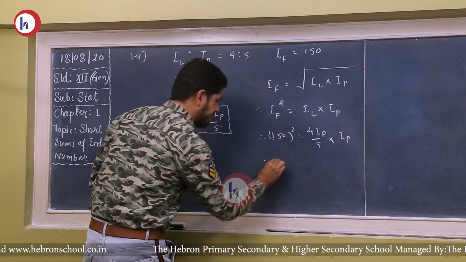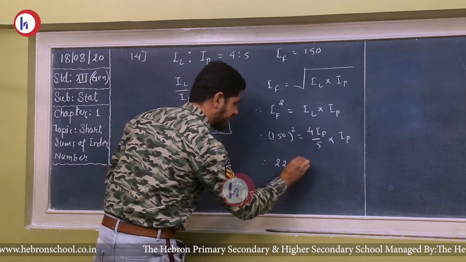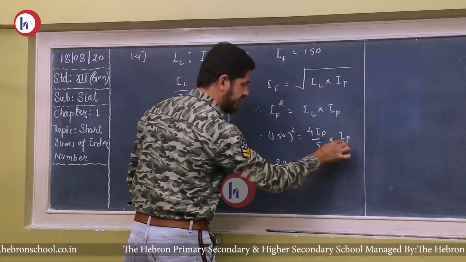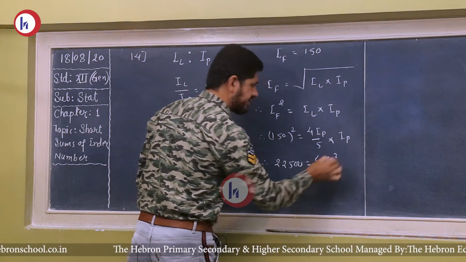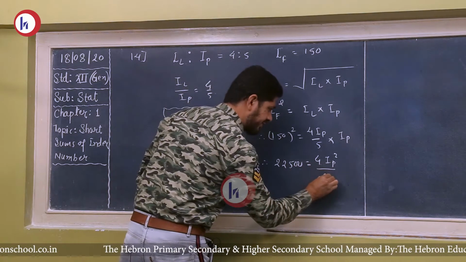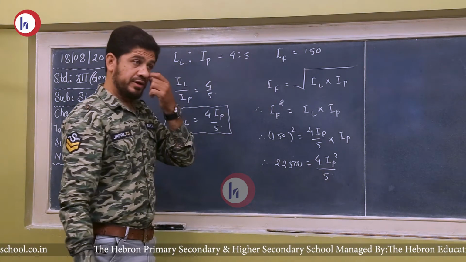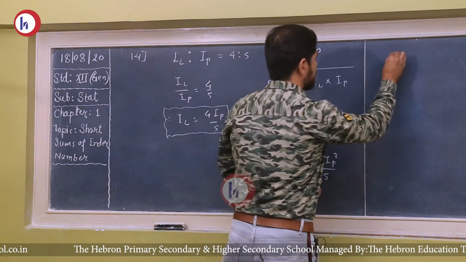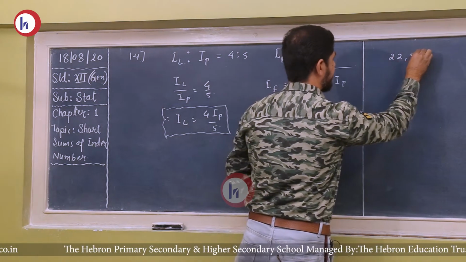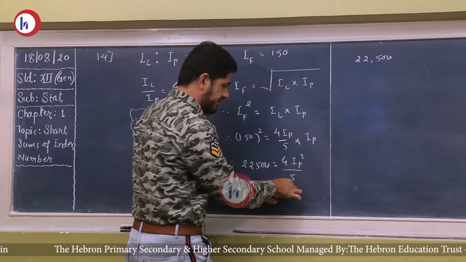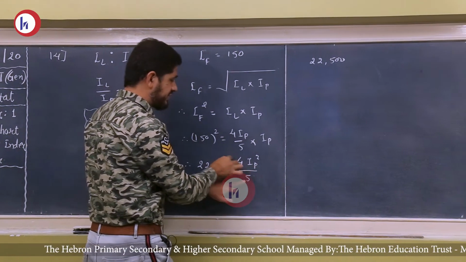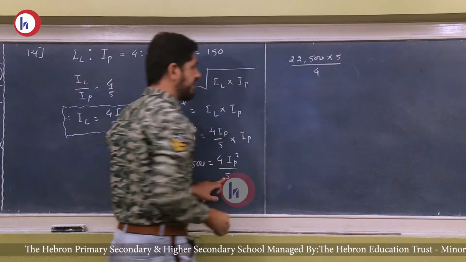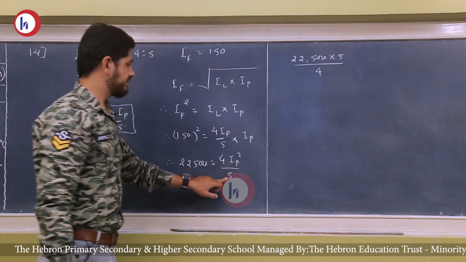150 square, that will be 22,500, is equal to 4 IP into IP, that is IP square, divided by 5. Now change the side of 4 and 5. So 22,500, the 5 is in the denominator; if we change the side, it will be multiplied to the numerator, and the 4 will be in the denominator.